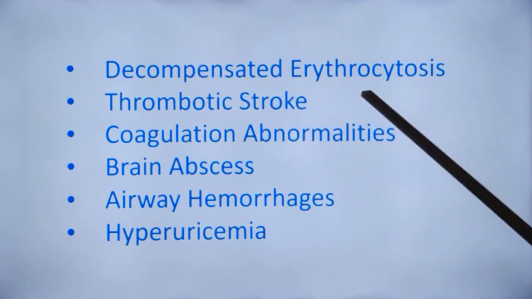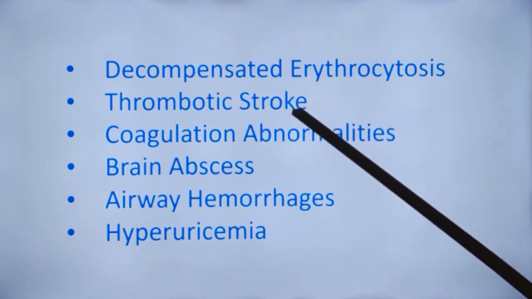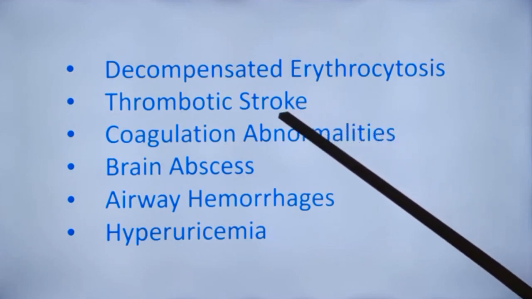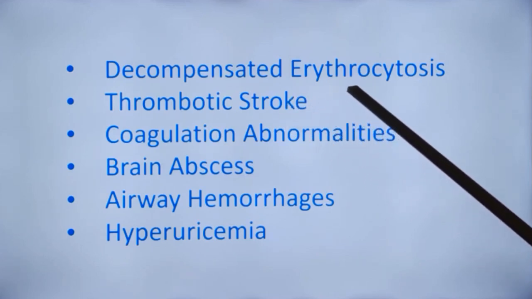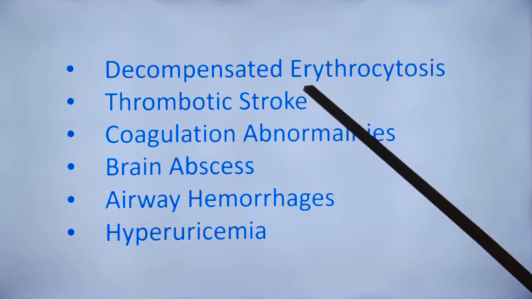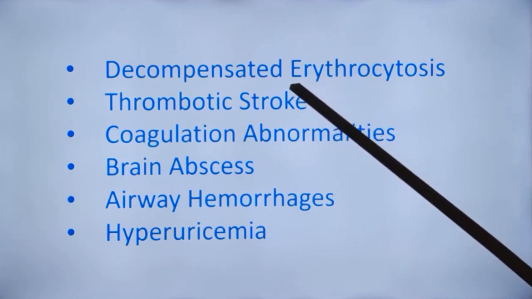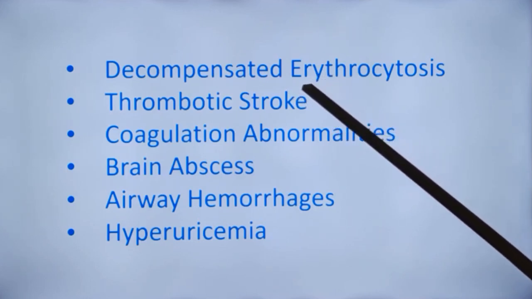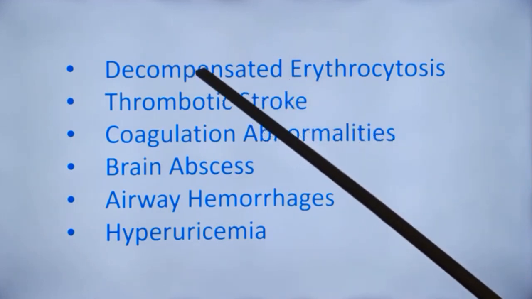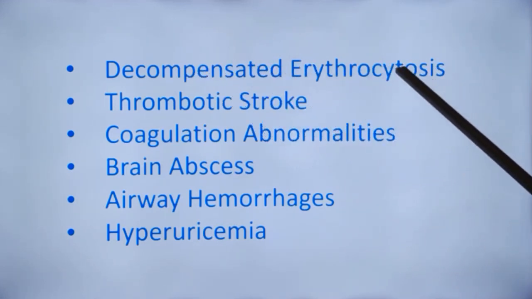Decompensated erythrocytosis is something which we see very often. That is, there is renal ischemia due to clogging of capillaries, which leads to increased erythropoietin secretion, and this causes decompensated erythrocytosis.